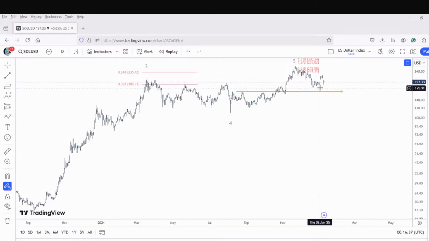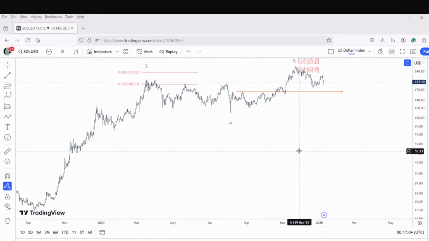Ideally, it should be 175 and allow the prices to turn higher from here towards 280 and 300. Just in case if wave 5 is complete, there's no need to keep hoping. We got to believe the price action. If it drops below 175 and precisely 161, then Solana turns sell into rallies.